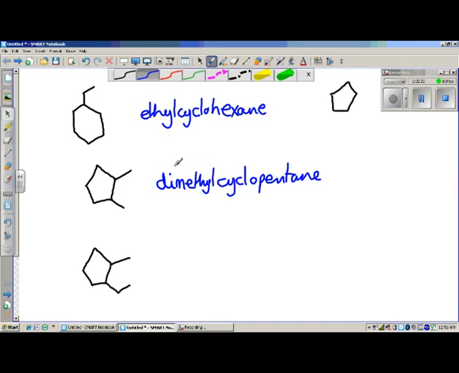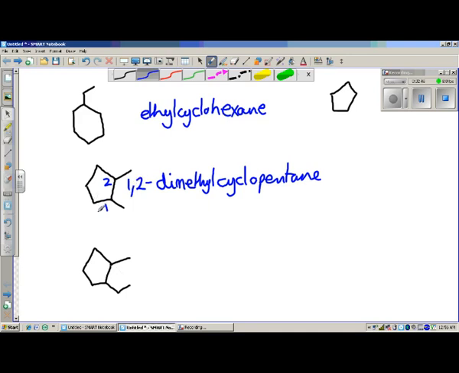And then we have to ask ourselves, well, where is each one? And as we've seen before, we want our substituent numbers to be as low as possible. So we wouldn't start counting here as 1, or here as 1. We start counting in one of these two. It doesn't really matter which one, because whichever way we go, we get the same answer, 1,2-dimethyl cyclopentane.